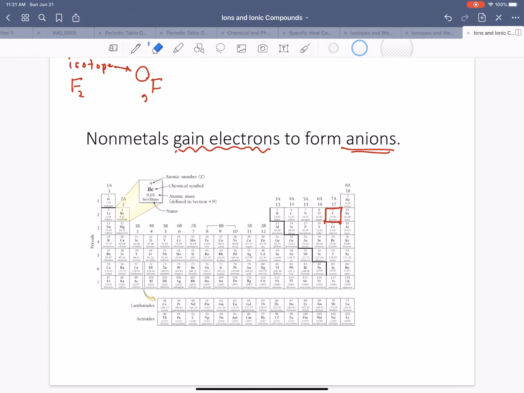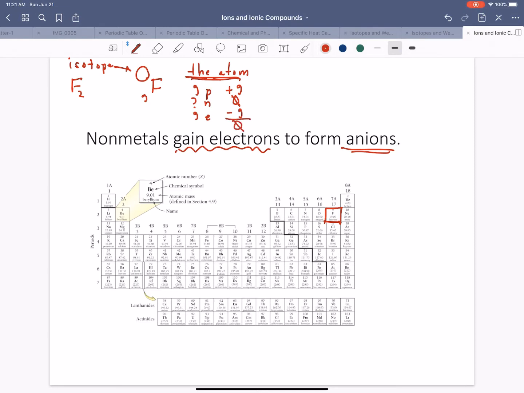So fluorine, the atom, has 9 protons, each with a +1 charge, so a +9 charge in the nucleus. Some neutrons, we don't know, it depends on the isotope, but neutrons are neutral. And 9 electrons in the atom. And electrons have a negative charge, so there's a -9 charge overall.